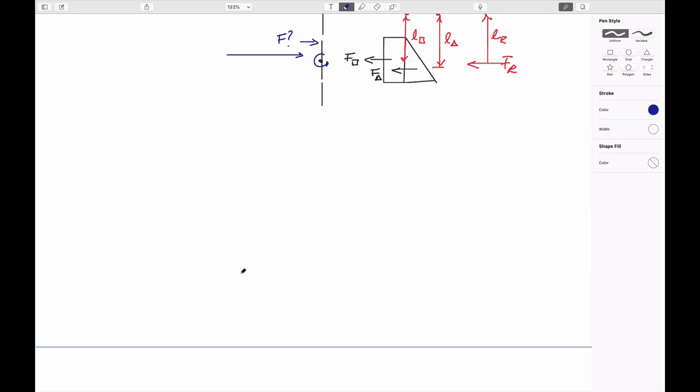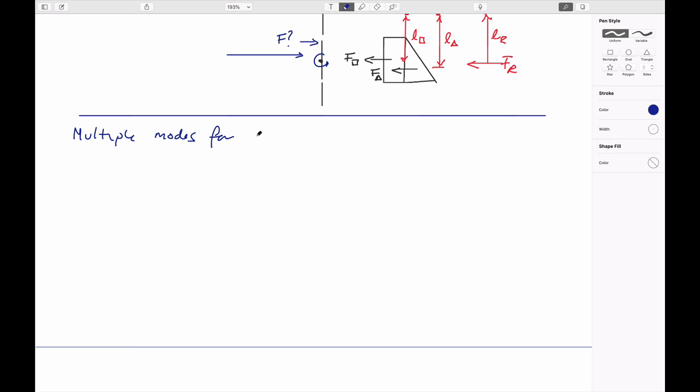There are a variety of ways that we can solve for forces on structures. You might remember for solution. And so we've done things all of these different ways.